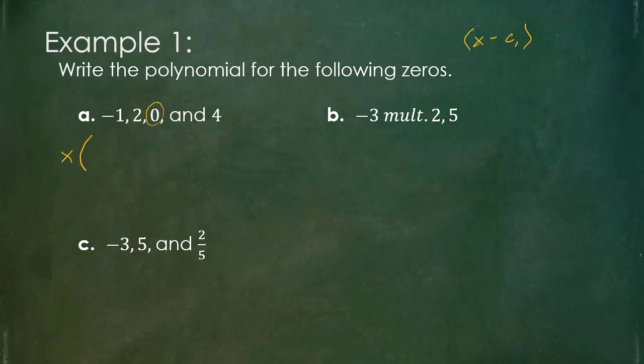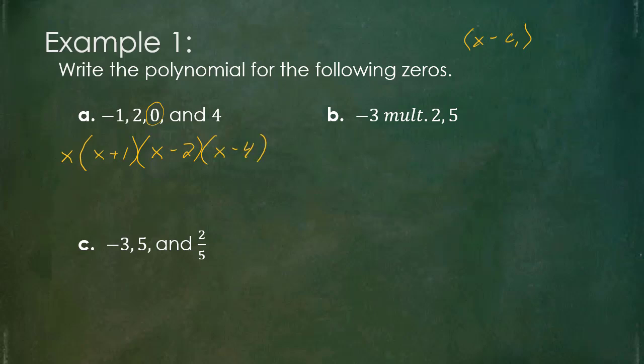So I'm going to write an x in front of all of these parentheses, and wait on that one until the very end when it comes to the actual multiplying out. As far as the other zeros, x minus negative 1 becomes x plus 1. Next, x minus 2 doesn't need to change. And then the last one, x minus 4.